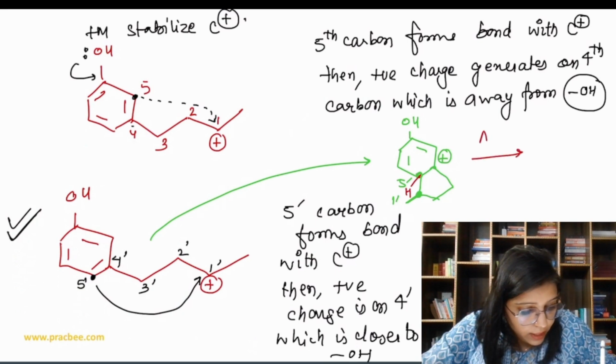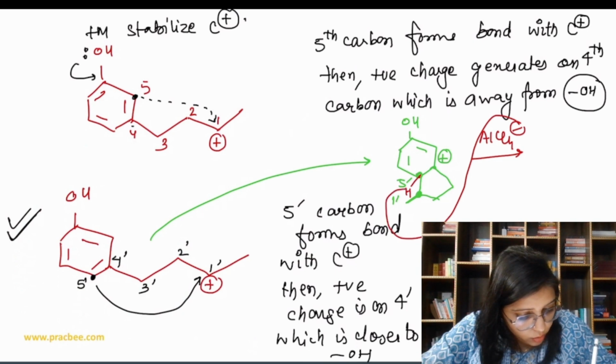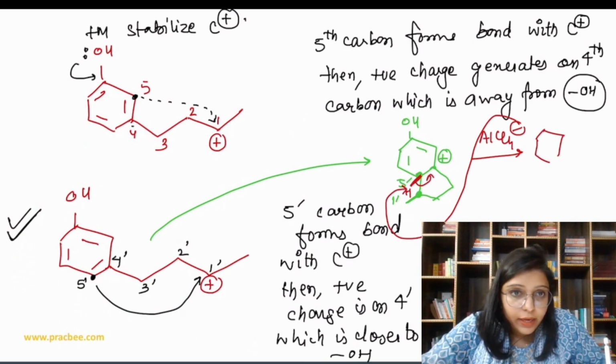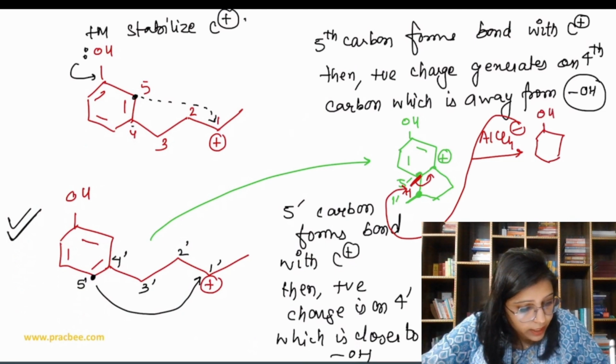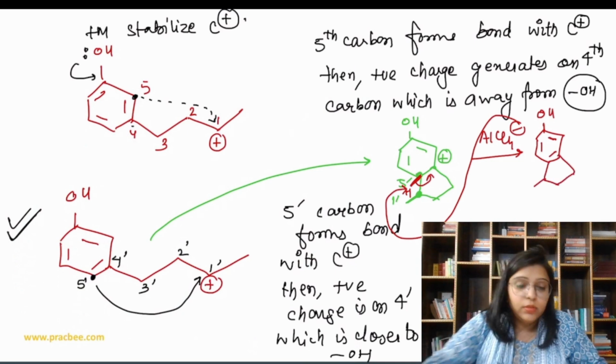So what happened? AlCl4 minus abstracts this hydrogen, and the electron of this bond shifts over here. By doing so, we get this, right? So this is going to be the answer.